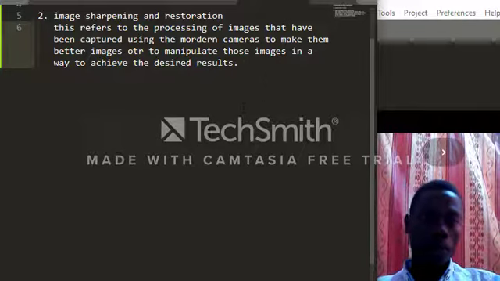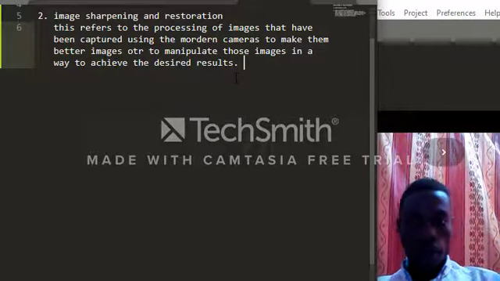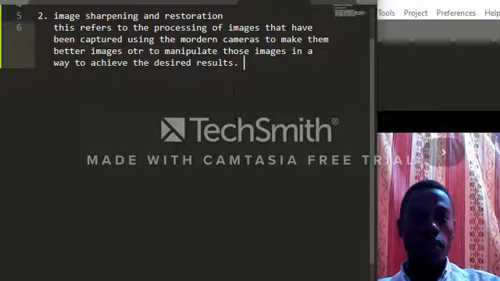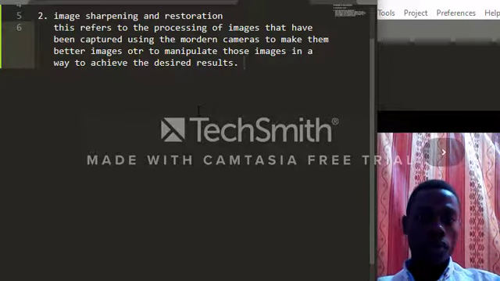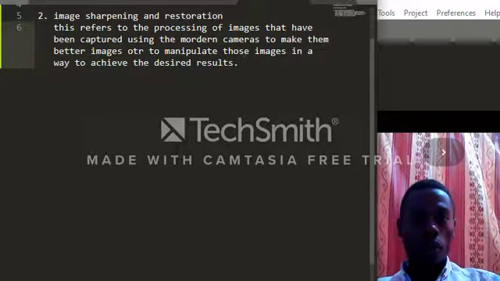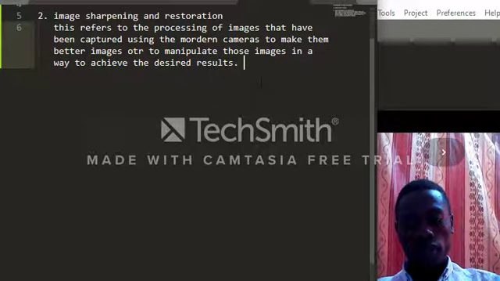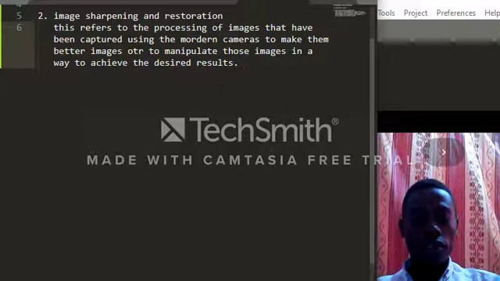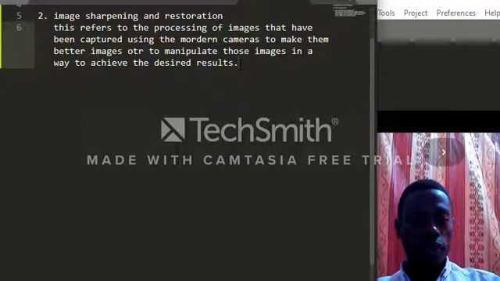The moment you use such an application or any other system, you give it all the images that you've taken from the field, so that it can analyze, process, and give you a manipulated or a cleaned image, according to the desired results you wanted to obtain from such images.